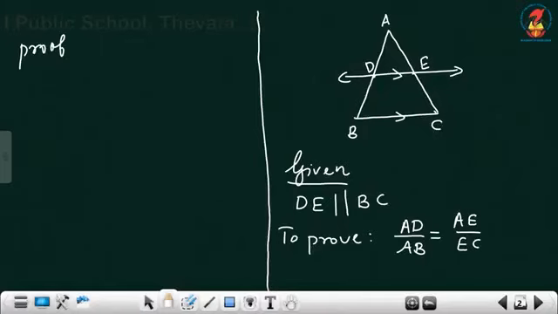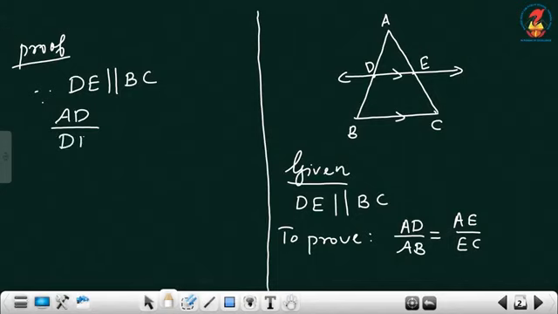So, the proof is this: since DE is parallel to BC, we can write AD by DB is equal to AE by EC using BPT. When you apply the theorem BPT, you have to specify there.